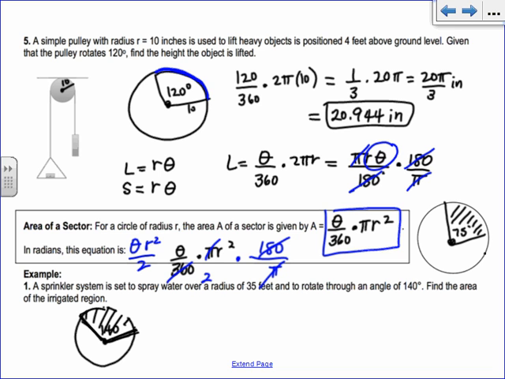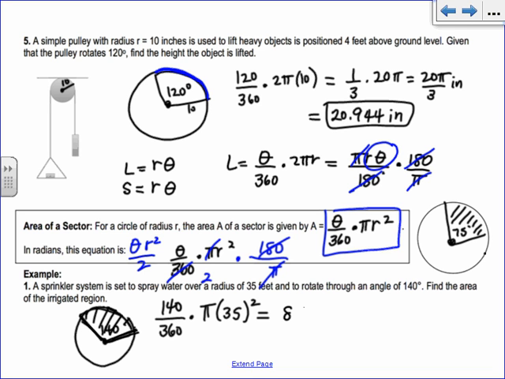Okay? So we're trying to find this area that it's spraying. So we're going to have 140 over 360, and we multiply by the area, which is going to be pi times 35 squared. Okay, so you get a really big number.